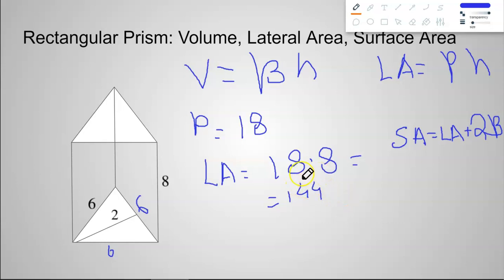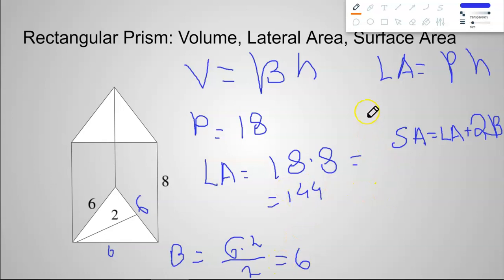So now that I know this, let's find the area of the base. The area of the base is usually a capital letter B when we talk about solid figures. The area of the base is very simple. I actually have the height of the base over here. That's number 2. So this is 6 times 2 divided by 2. So this is just 6.